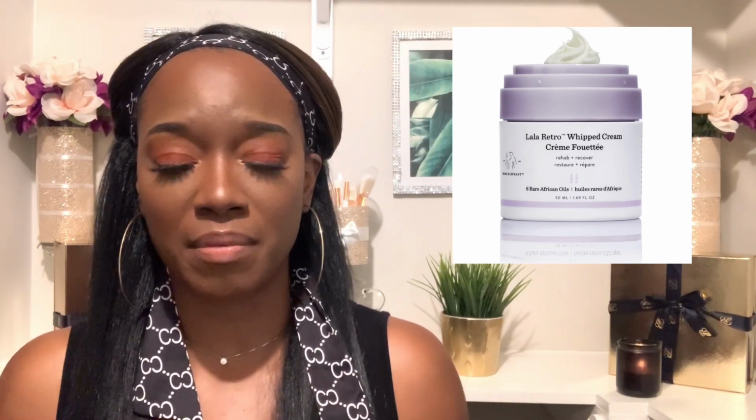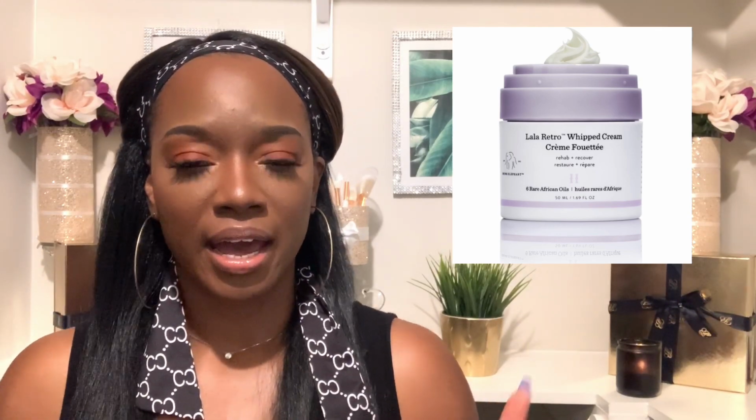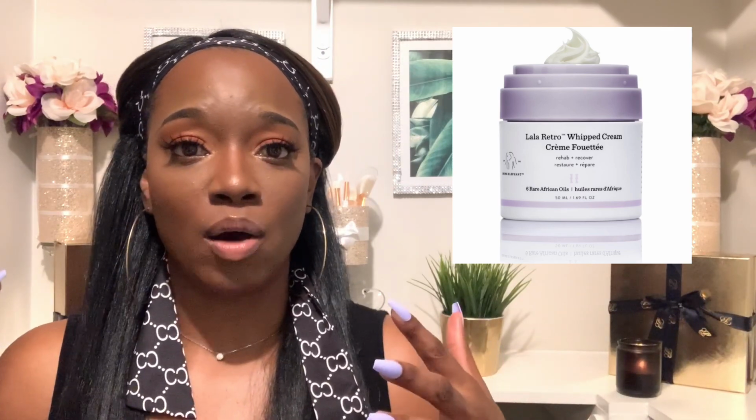This has 6 African oils in it, including marula oil, which is great for bringing nourishment to the skin. It also has ceramides in it. We talked about ceramides bringing about that smoothness and that repair to the skin and really rejuvenating the health of your skin's barrier. This also has baobab, which is another oil from Africa, and that is an antioxidant.